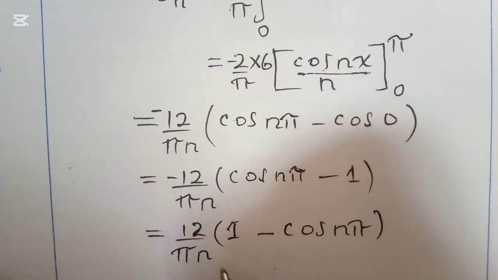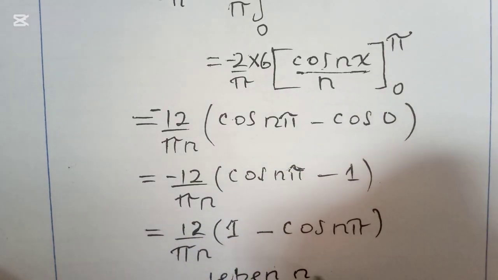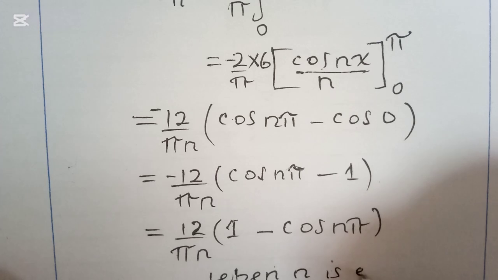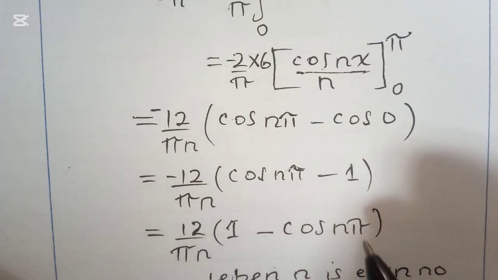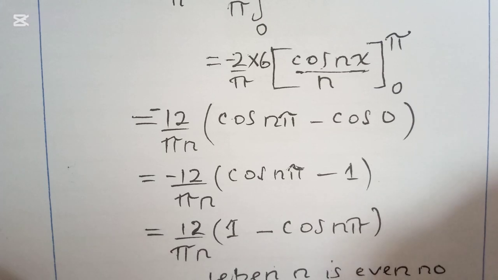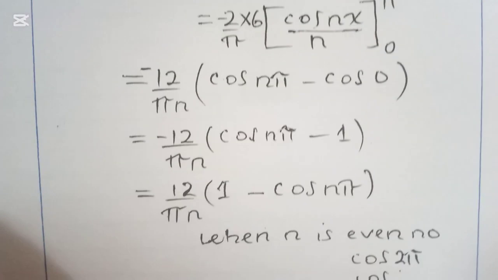Guys, now we check for n. When n is an even number, that is to say cos 2 pi, or others can be cos 4 pi.